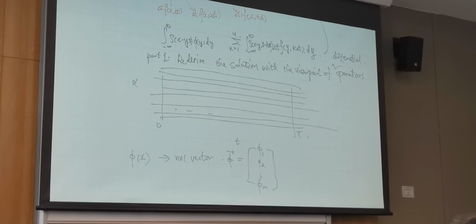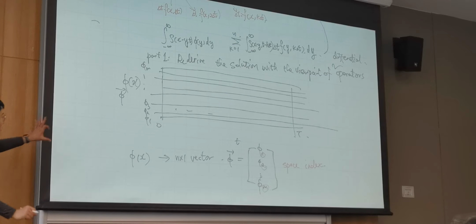The index over here, 1, 2, and until n, this is the space index. Originally I was having phi x, now I'm having phi as a vector. And this entry is going to be my phi 1, my phi 2, phi 3, and until phi n.